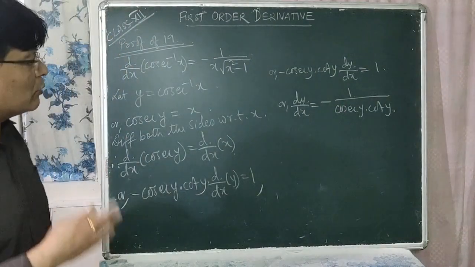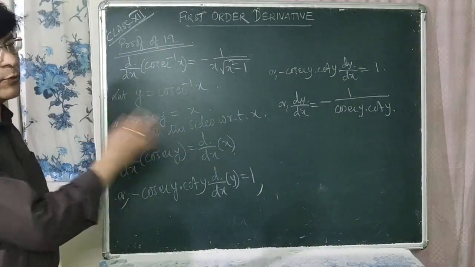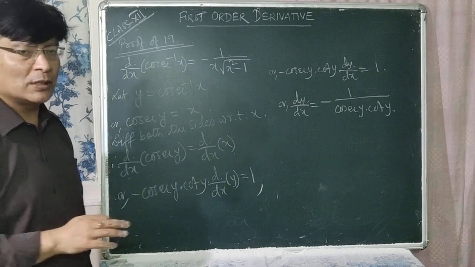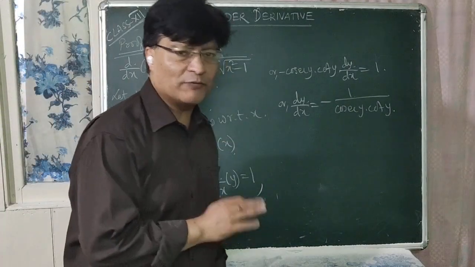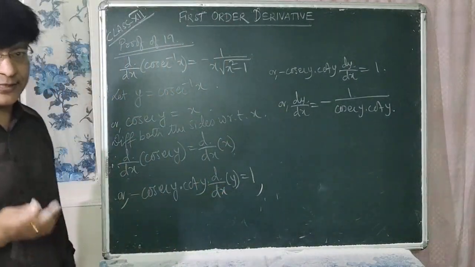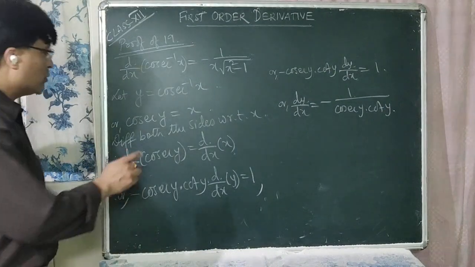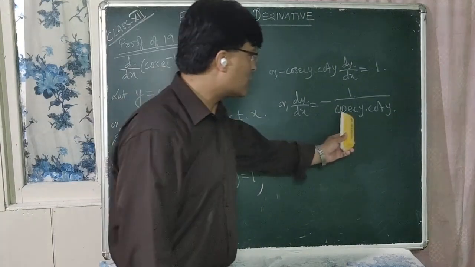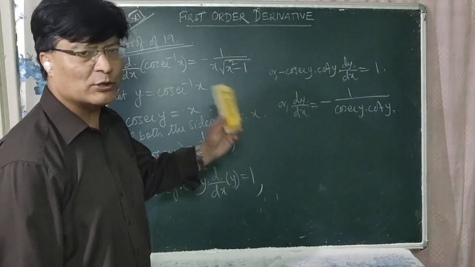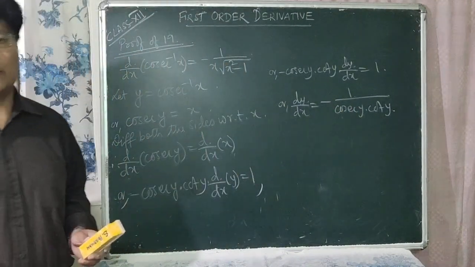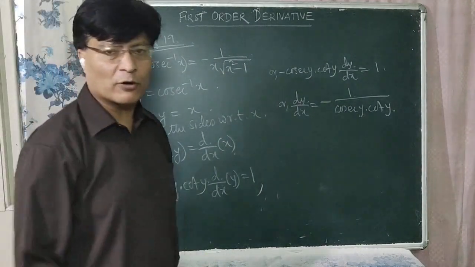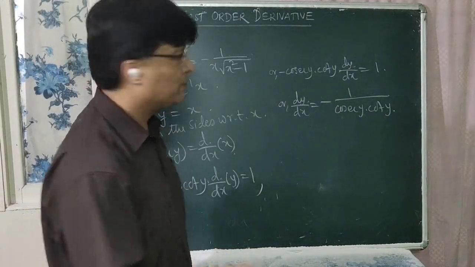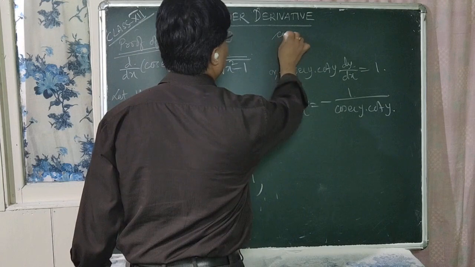Okay. Now dy by dx is expressed in terms of y here, but you should express the value of dy by dx in terms of x. Okay. But you know that the value of cosec y is x. So instead of cosec y, you can write x. But you should convert cot y into cosec y. So what is the formula for cot y in terms of cosec? You know this formula, isn't it?